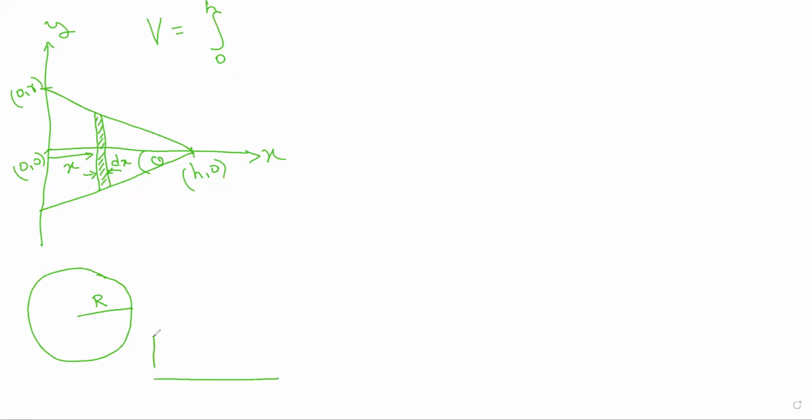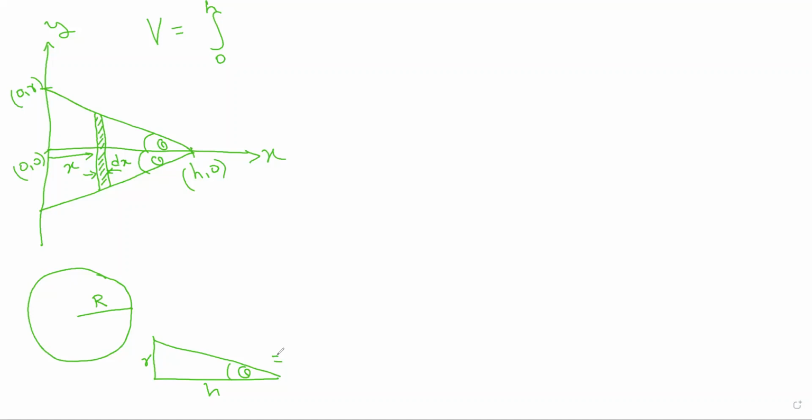If I draw the upper triangle of this cone, this triangle, and this angle is theta, and this distance is R, and this distance is h.